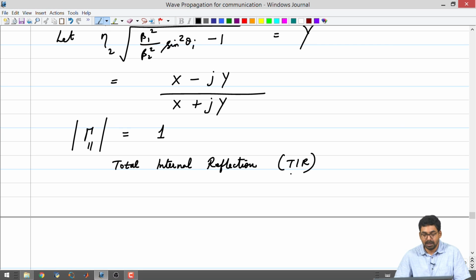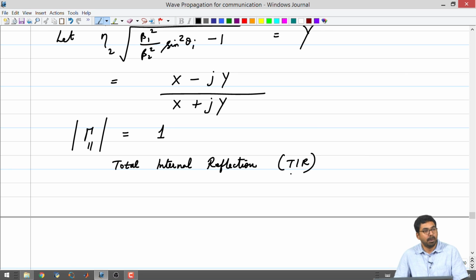Total internal reflection is the phenomenon where you launch an electromagnetic wave from a denser medium to a rarer medium, and you have your incident angle to be greater than or equal to the critical angle, then you will notice that in your reflection and transmission coefficients for different polarizations, the reflection coefficient becomes equal to 1, at least for the parallel polarization, that is what we have seen.